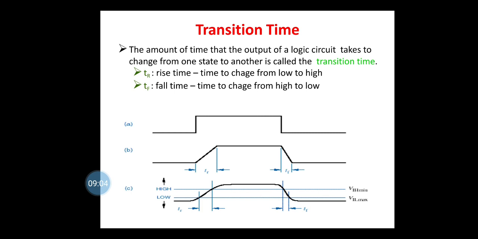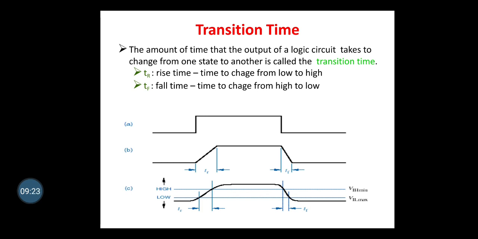Next is the transition time. It plays a very important role in integrated circuits as well. The amount of time that the output of a logic circuit takes to change from one state to another is called transition time. So here you can see the waveform.